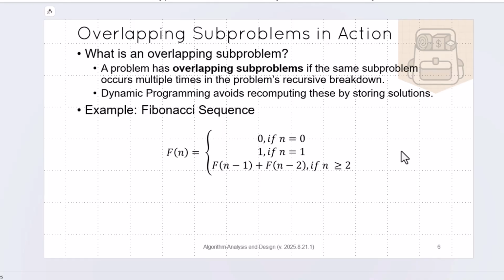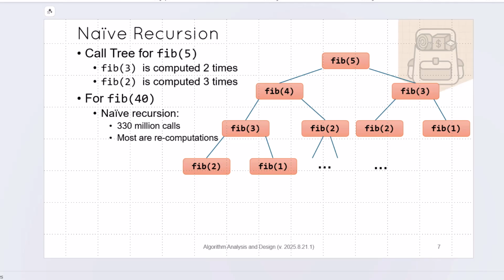The direct mathematical definition is that it returns 0 if n is 0, it returns 1 if n is 1, and otherwise, if n is 2 or greater, it returns f(n-1) plus f(n-2). We saw with our recursion tree, the naive recursion that we saw with divide and conquer, the call tree for Fibonacci of 5, for example, just in this simple example: fib of 3 would be computed twice, fib of 2 three times, etc.